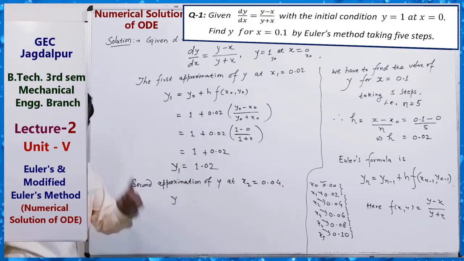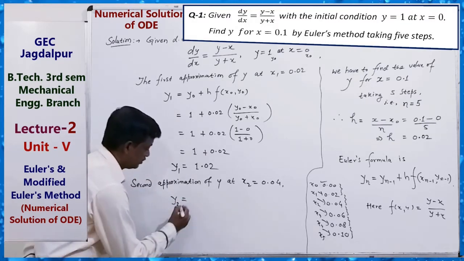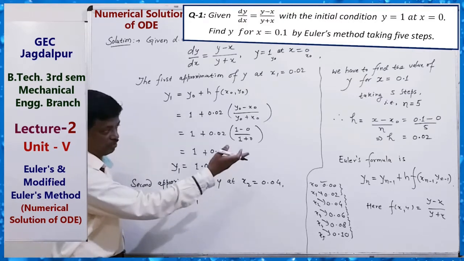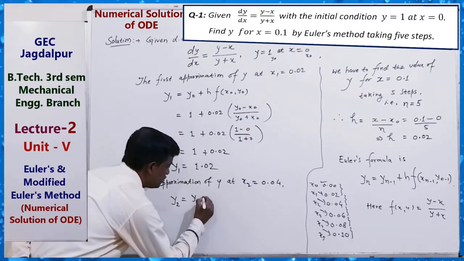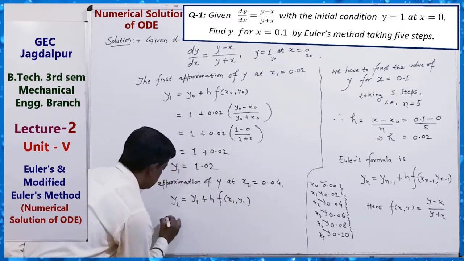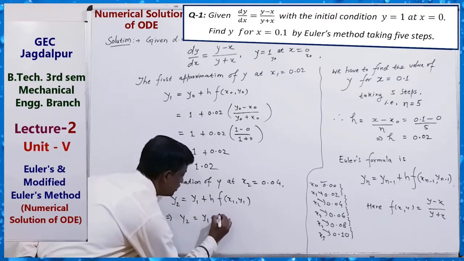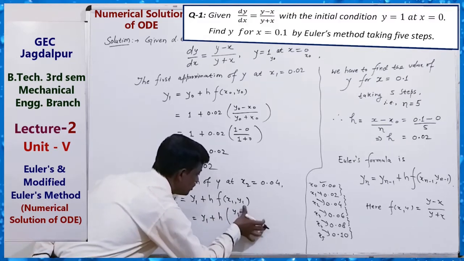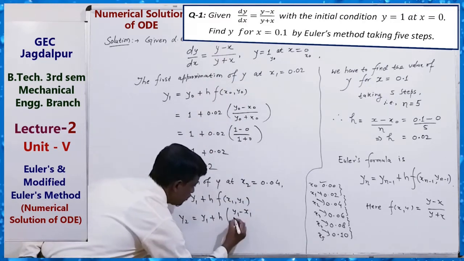Again using the formula, y2 equals y1 plus h f(x1, y1). So y2 equals y1 plus h times (y1 minus x1) upon (y1 plus x1), because the formula is y minus x upon y plus x.